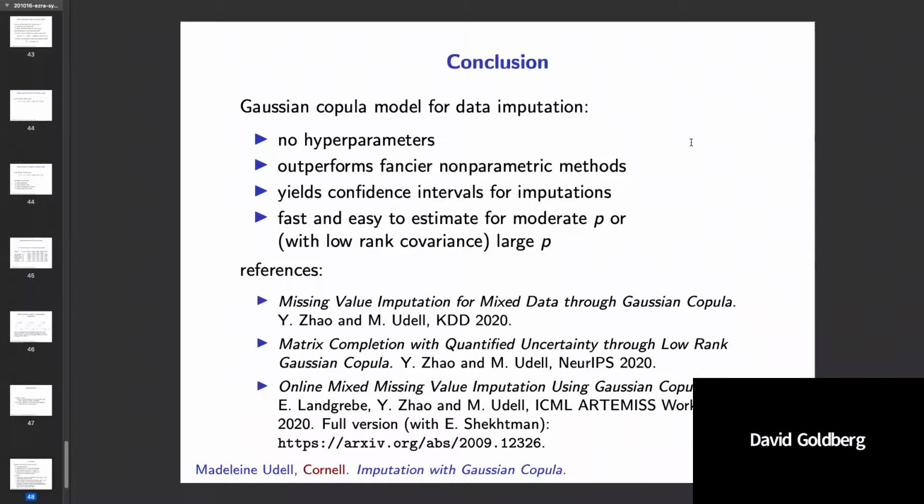So maybe I will ask a question if I don't see any other hands at the moment. Is there a proper notion of a conditional rank, where you'd say I have a mixed kind of data matrix, and if I were to fix the Boolean ones and I knew the rest of it was low rank for any fixing of the Boolean ones, has that been formalized, and what would that mean?